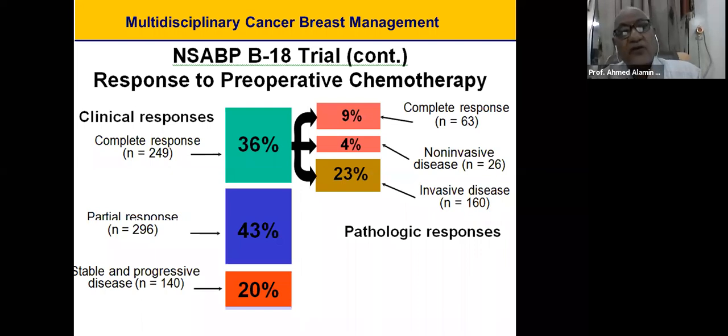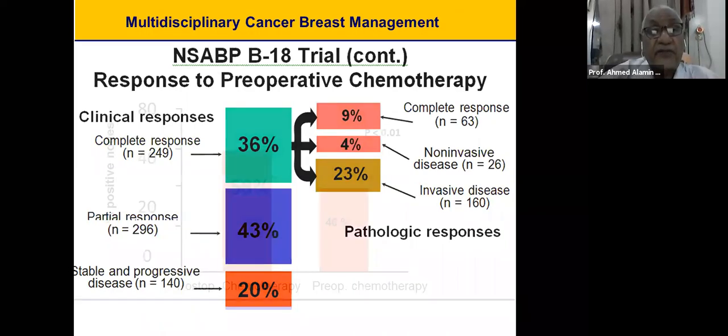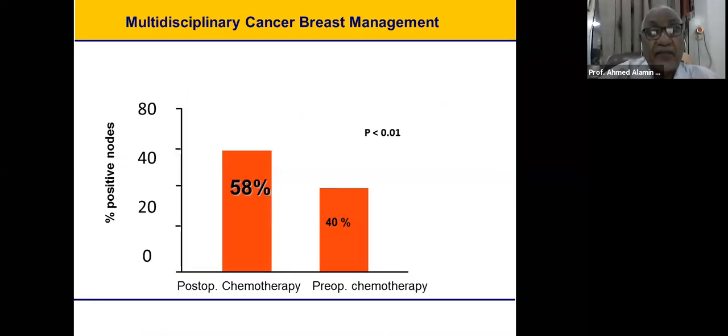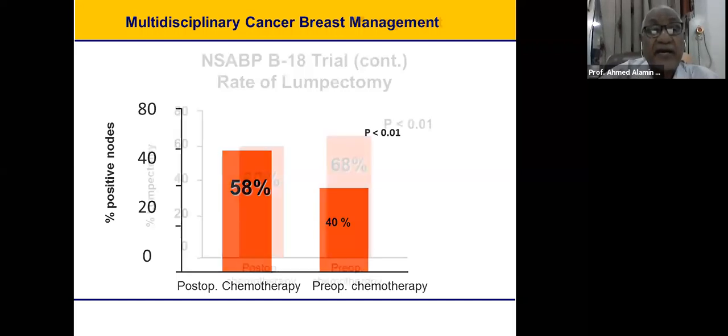The clinical response, complete response: in some trials, response to preoperative chemotherapy was 36% complete response, 43% partial response, and stable and progressive disease 20%. Positive nodes in postoperative chemotherapy were 58%, and preoperative is definitely better, 40% only.